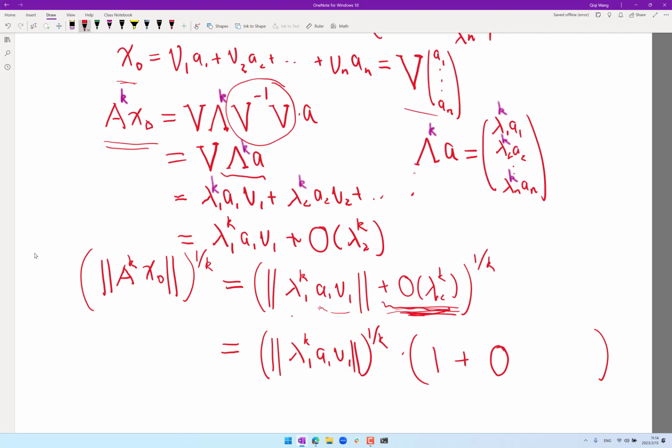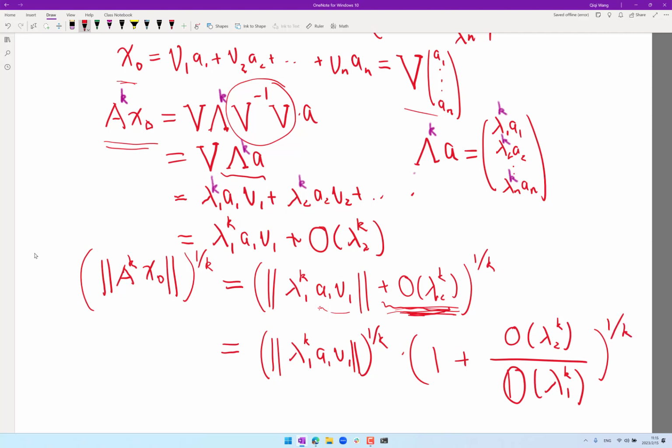So that's going to be something proportional to lambda 2 to the kth power divided by something proportional to lambda 1 to the kth power, all raised to the power of 1 over k.